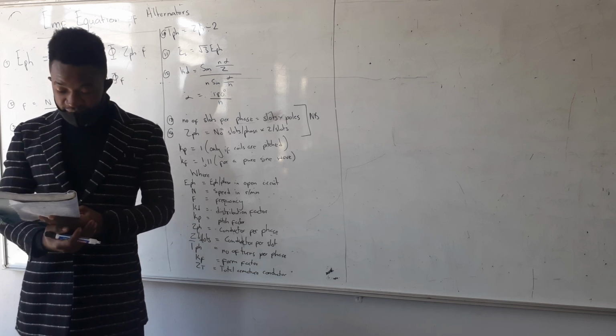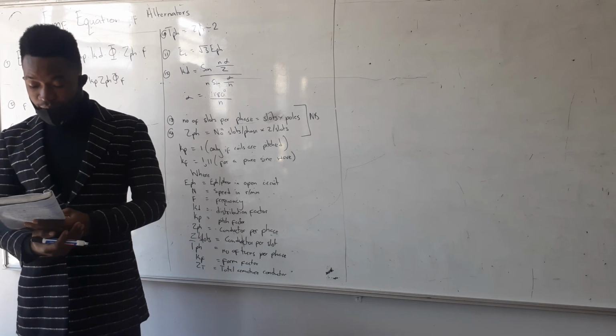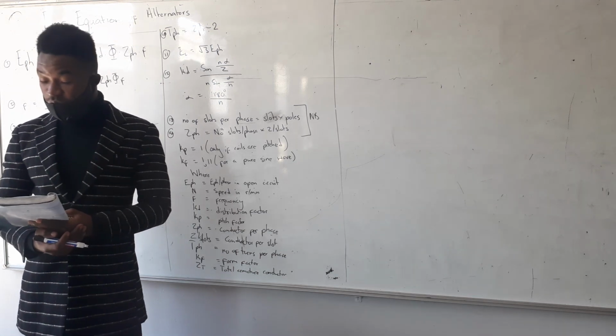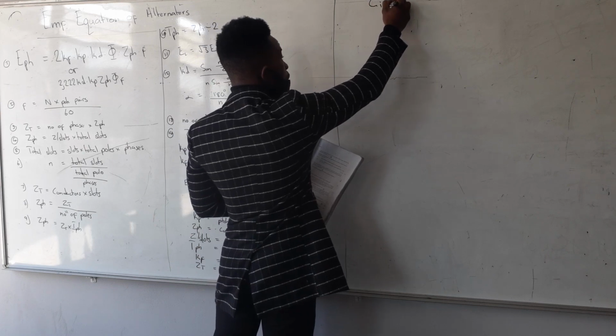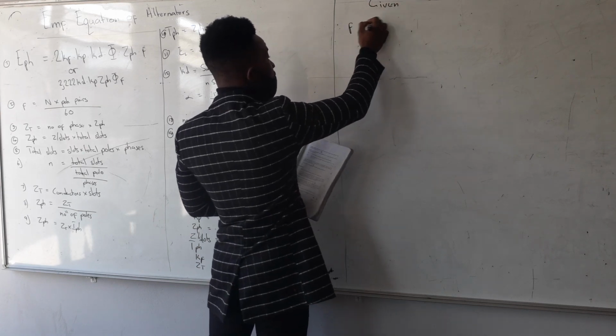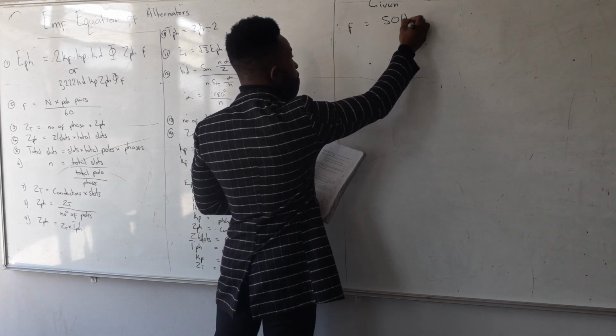They are saying a 3-phase star connected alternator has a frequency of 50 Hz. Let us write the given information. I'm given the frequency, which is 50 Hz.